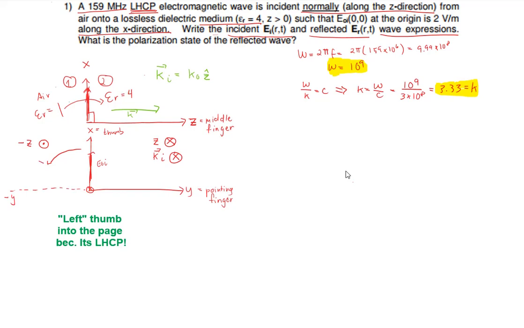If this is where we came from, that's our t equals 0, and this one is t greater than 0. So pretty much it's moving this way, according to left hand circular polarization.